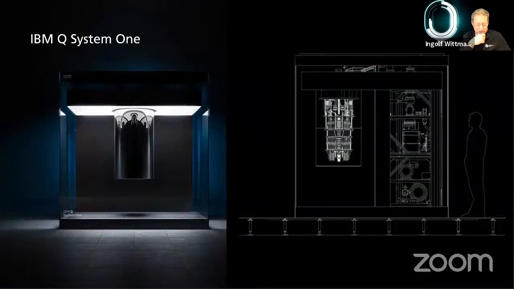When we are talking about quantum computing today, we are talking about big system environments, like the IBM Q System 1, which is installed in Germany in Ehningen as part of the IBM Fraunhofer collaboration. This system has a quite big footprint of roughly 10 square meters and a power consumption of 10 kilowatts.